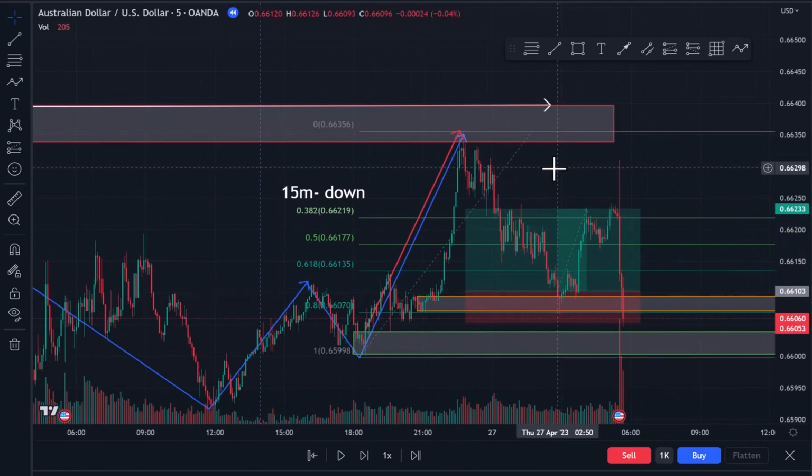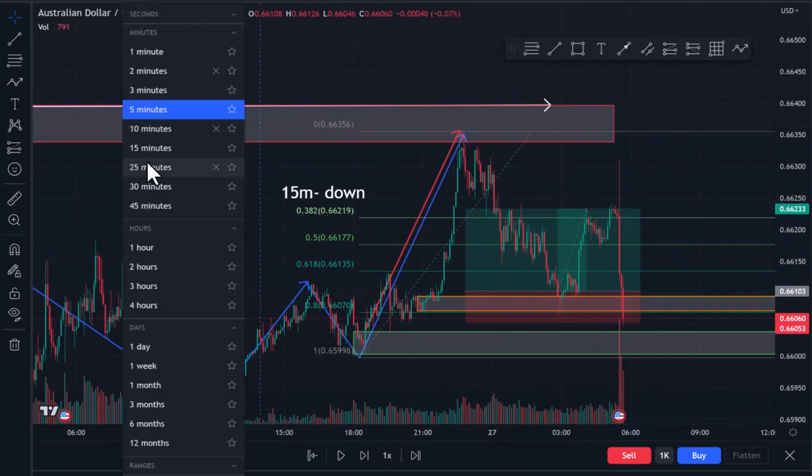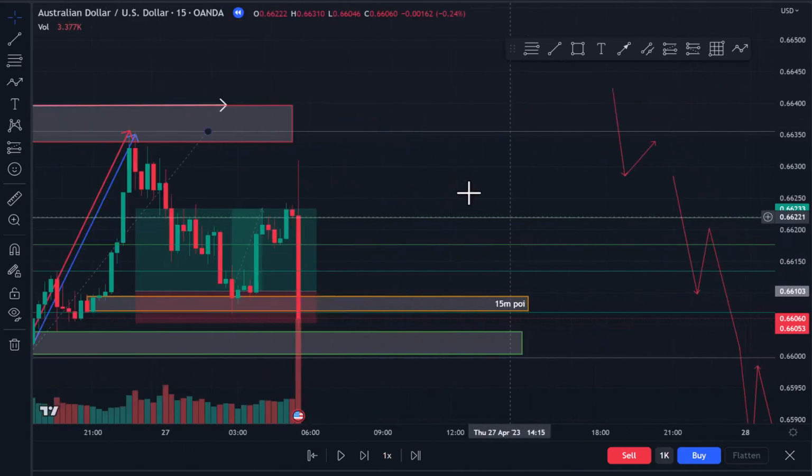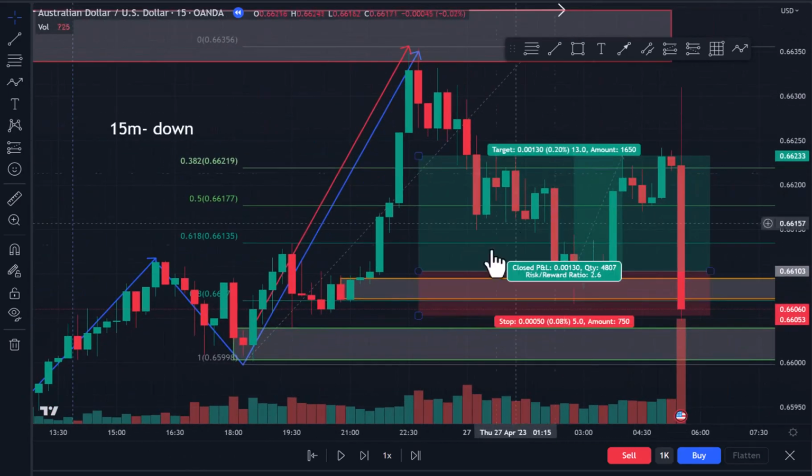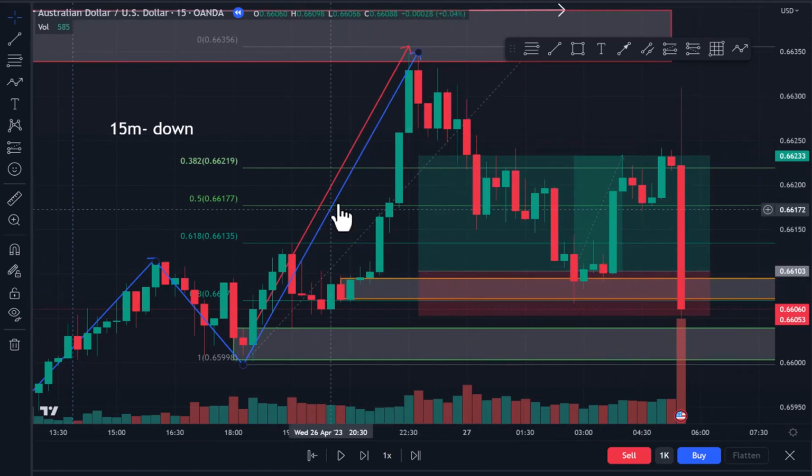But this is an example, at least on a higher time frame, of how you can use smart money concepts to find opportunities to take a trade with when imbalance is present.